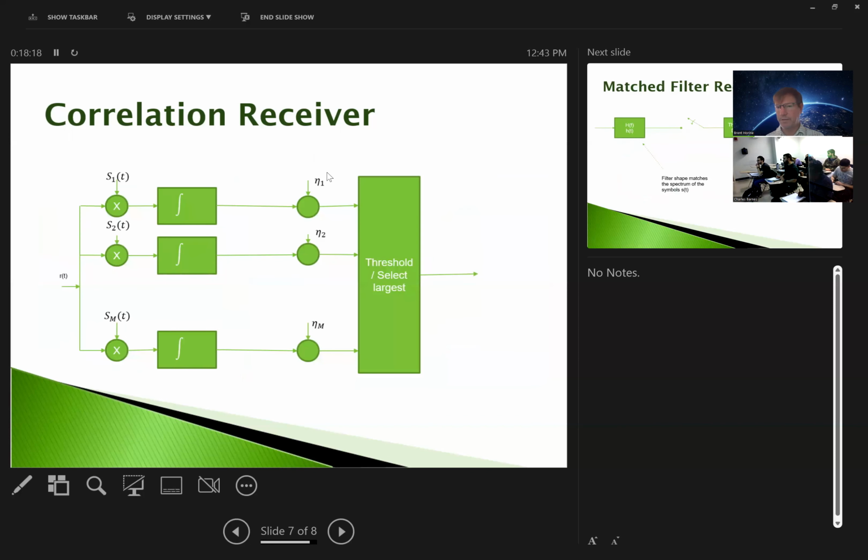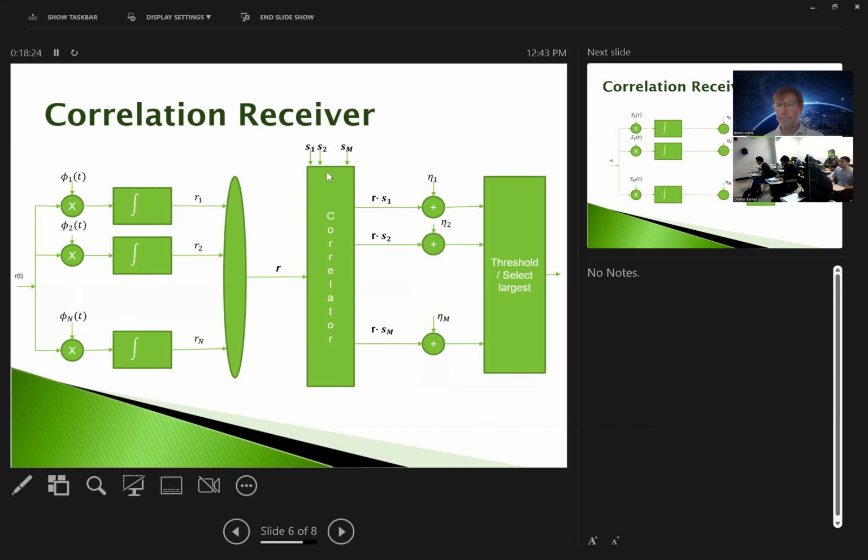So this is potentially simpler, not necessarily simpler. Now, these are both optimum, right? Because we're implementing that MAP receiver here. So this is an implementation of an optimal receiver. So as long as we don't make any compromises along the way, then this is an optimal implementation of an optimal receiver algorithm. Okay?